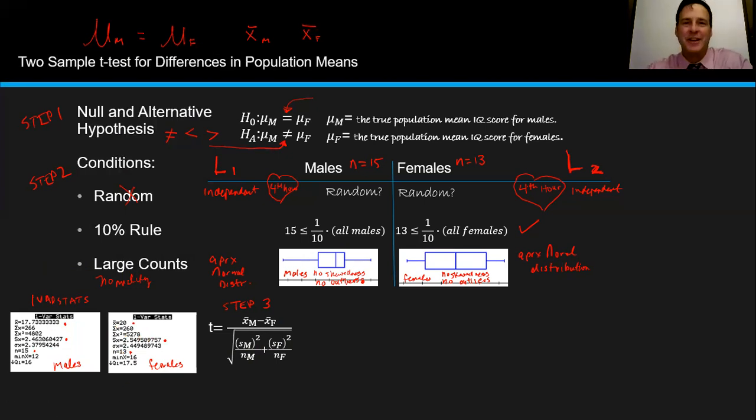You're also going to need a degrees of freedom, okay? Which is typical for your work with T. And the formula for that did not change. It's N-1 for your degrees of freedom. And the conflict you have is, well, I've got two N's. I've got one that's 15 and one that's 13. How do I do this? What you're going to do is you're going to pick the smaller, okay?